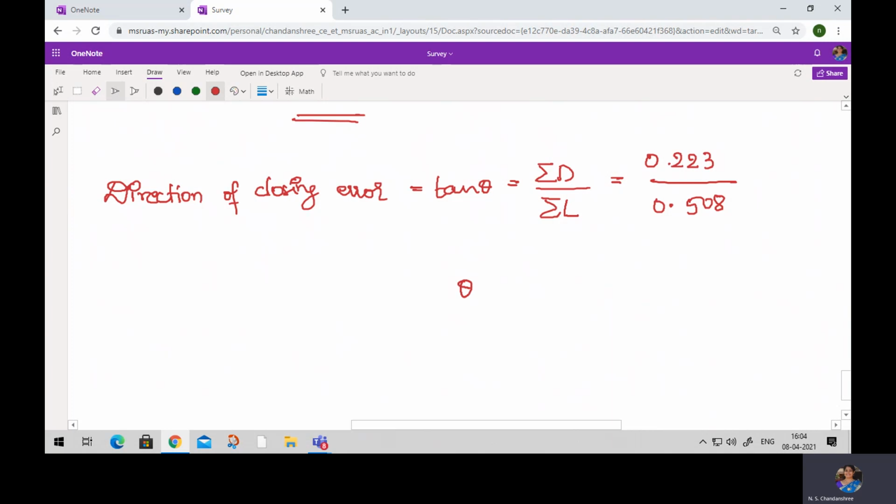So theta is equal to tan inverse of 0.223 divided by 0.508. So the theta value will be 23 degrees 42 minutes.